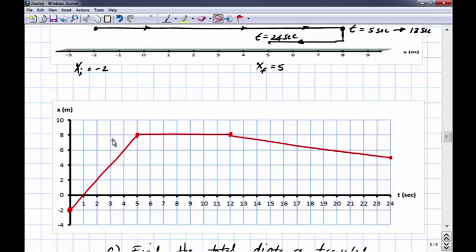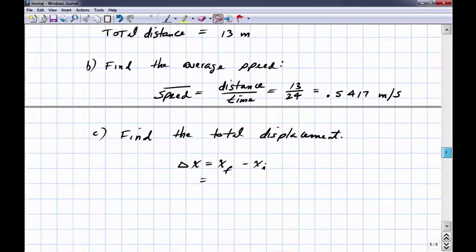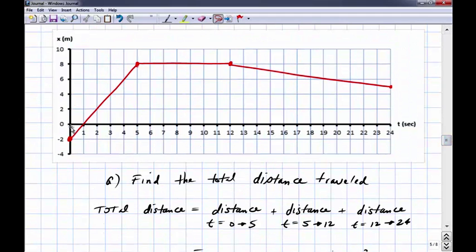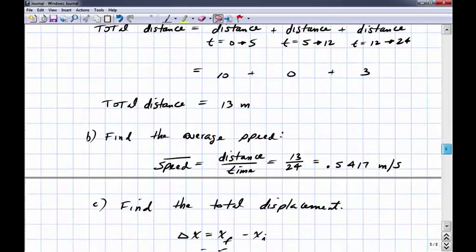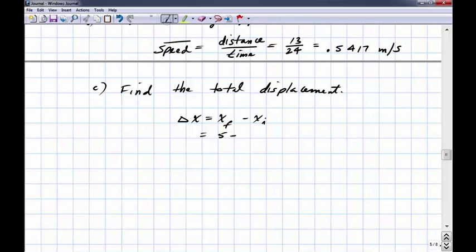We can also note that the final position equals 5 in our position diagram. So the final position equals 5, and we started our journey over here at time 0 at a value of x equals -2. And so delta x, or the displacement for this particular problem, equals 7 meters.